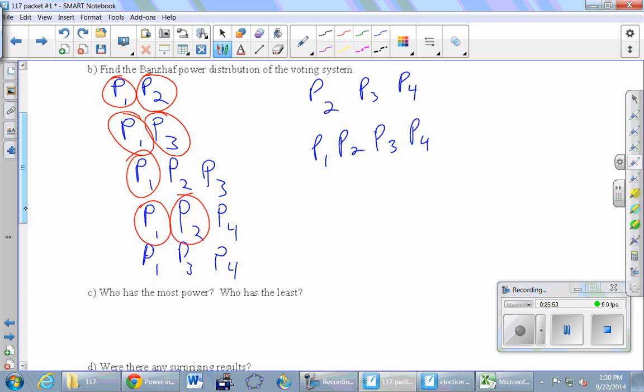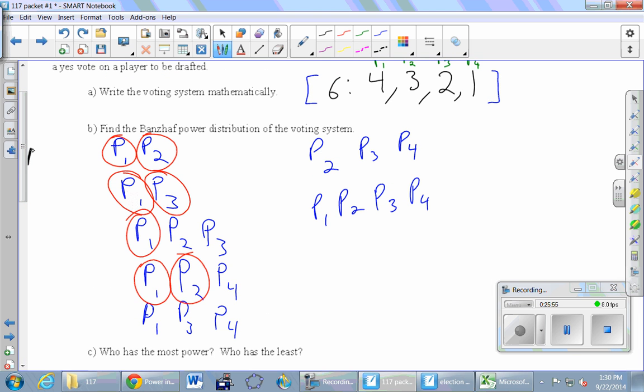Okay, let's look at P4. All right, so if we look at P4, cross them off, what do we think about P1 with P2? It's fine. So what does that mean about P4? Not critical. That's fine. I'm going to give you guys another way to think about this. Is there a way we can cross off P4 and decide whether or not P1, P2 has enough without looking back at the numbers? Let's look at the pairs.